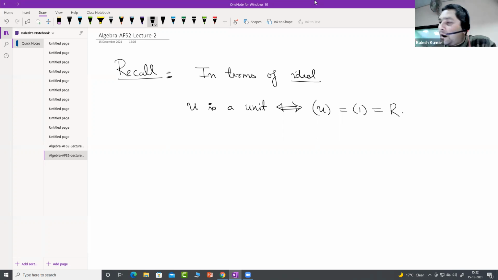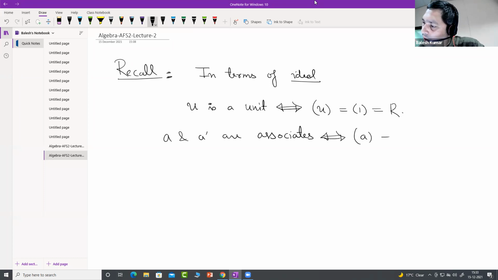The second one: A and A dash are associates. By the very definition that we have given, one will be a multiple of the other by a unit. In terms of ideals, it can be understood as the ideal generated by A being the same as the ideal generated by A dash. These things you can prove by yourself, and they are not very difficult. The third one is about divisibility.